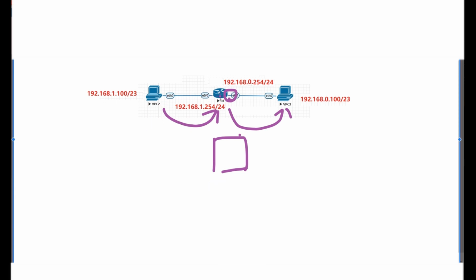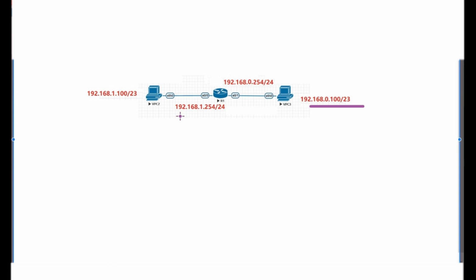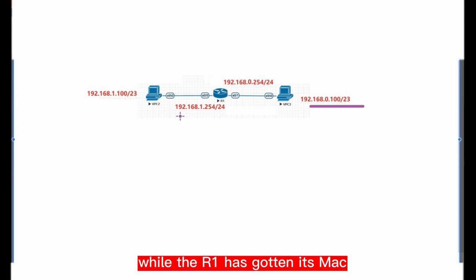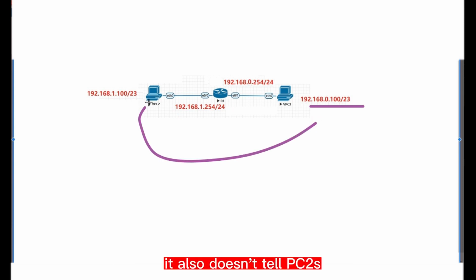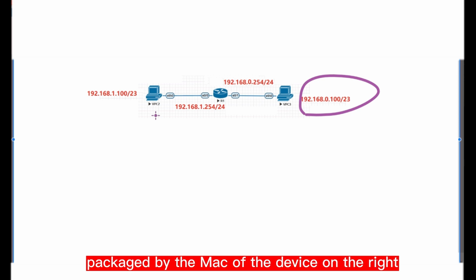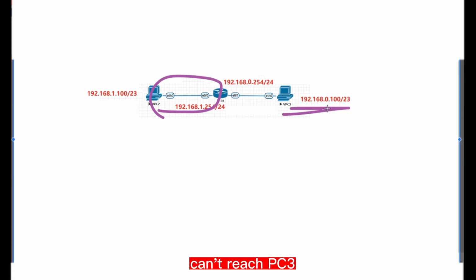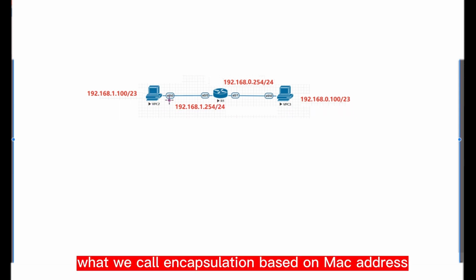That is, PC2 is requesting a MAC of 0.100, and while R1 has gotten its MAC, it doesn't tell PC2. It is really packaged by the MAC of the device on the right. PC2 is under this broadcast domain and can't reach PC3. This is what we call encapsulation based on MAC address.